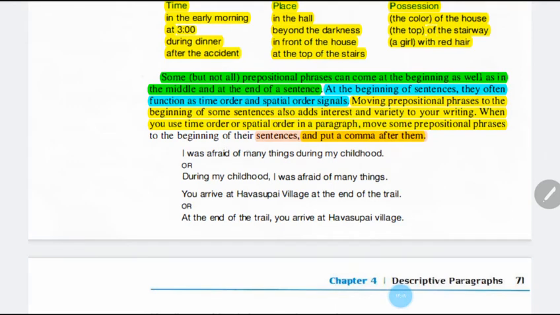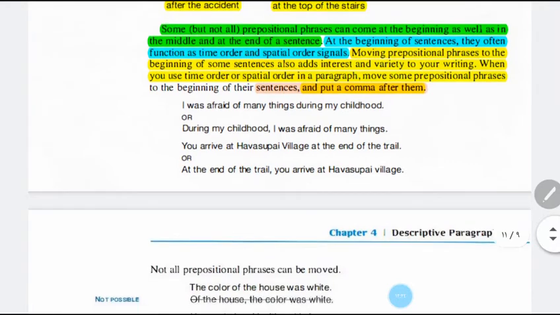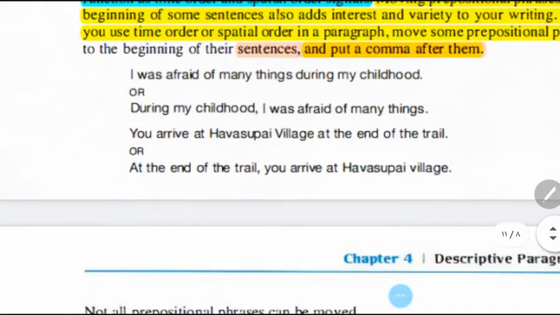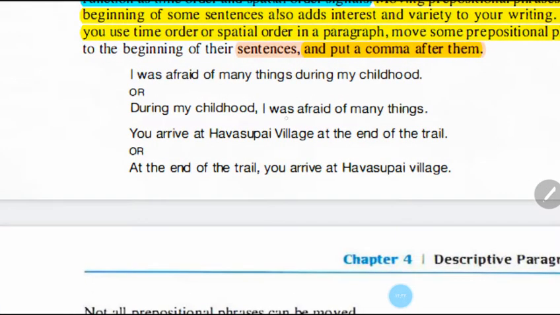When you use time order or spatial order in a paragraph, move some prepositional phrases to the beginning. So do not always write them at the end or in the middle of the sentence. You can move them to the beginning of the sentence. For example, here we have some examples. I was afraid of many things during my childhood.